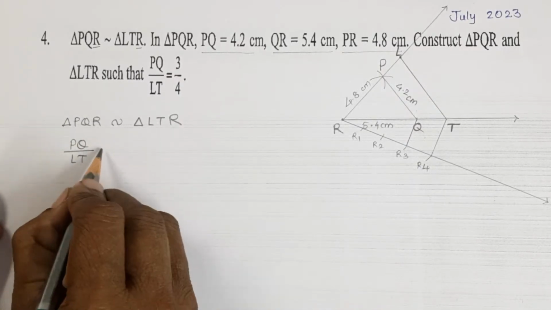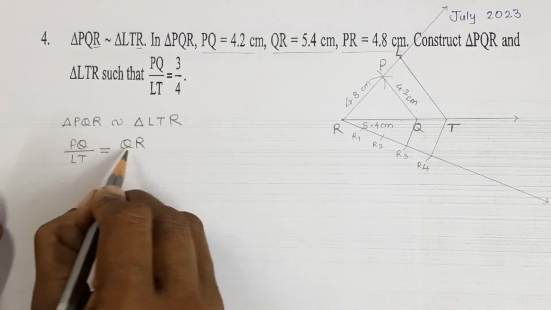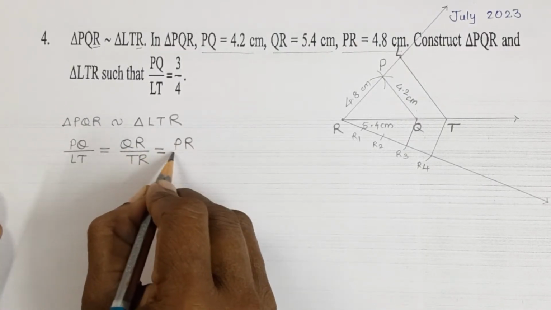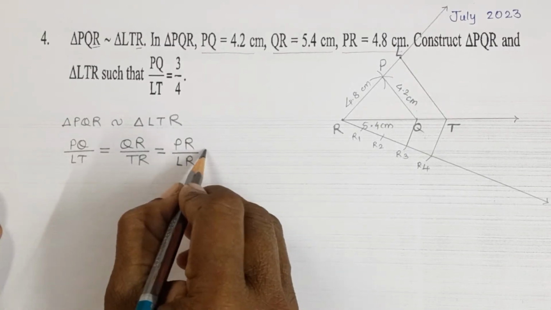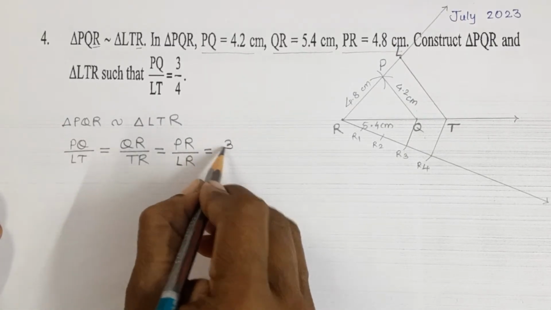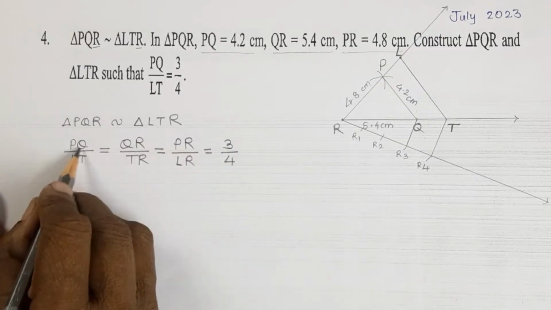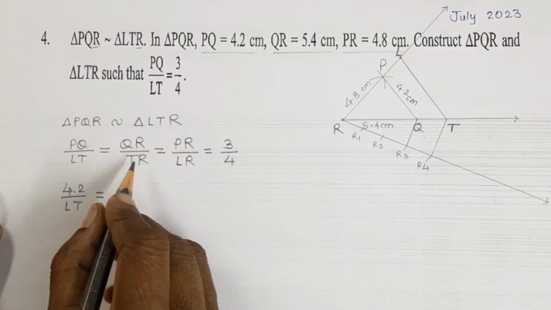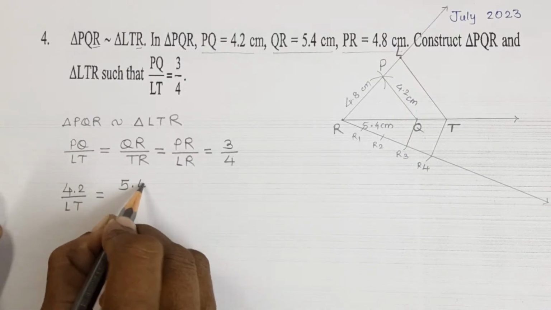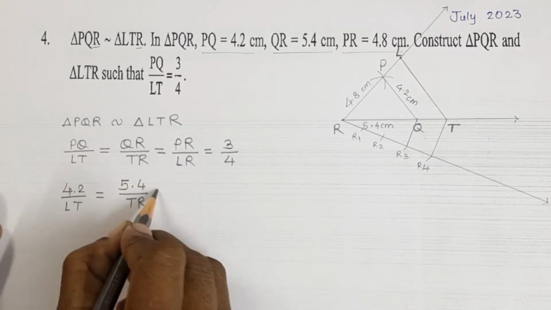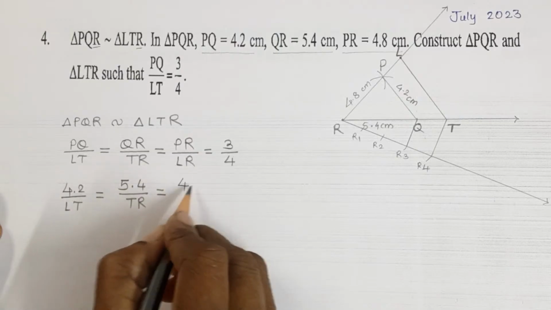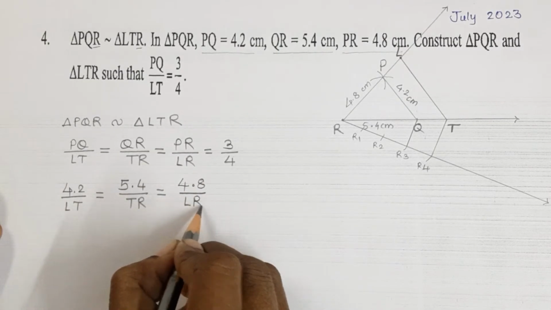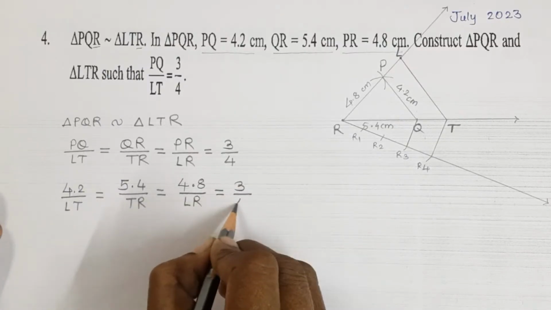PQ upon LT is equal to QR upon TR is equal to PR upon LR, which is 3 upon 4. So now PQ is 4.2 upon LT is equal to QR, 5.4 upon TR is equal to PR, that is 4.8 upon LR is equal to 3 upon 4.